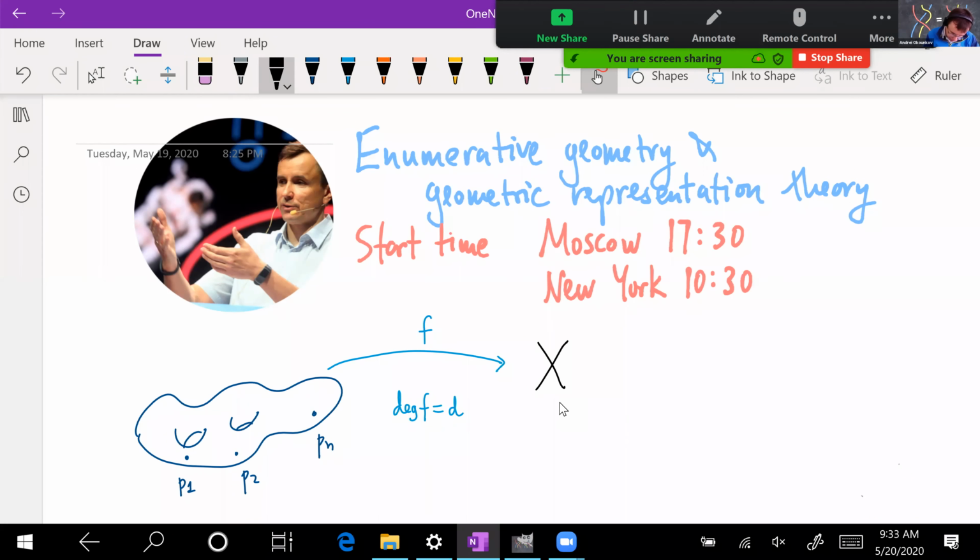But when you compute the index, you might as well assume that this is already some component, well, maybe not the whole thing, a component of the moduli of vacua.